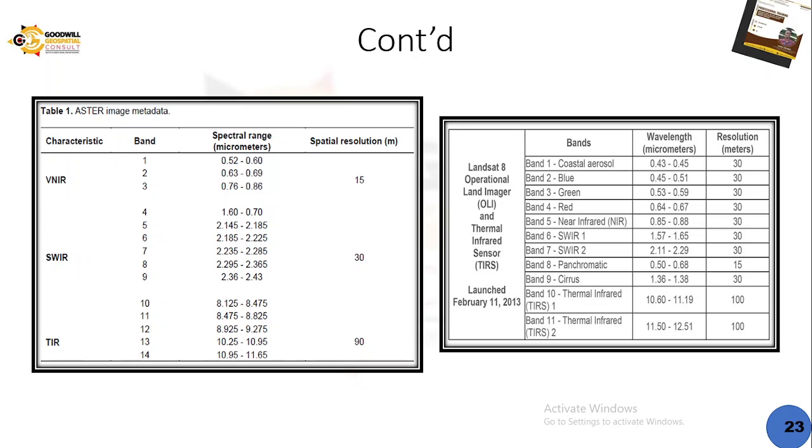For example, in the Landsat series, we can use the panchromatic band to enhance other bands like band 2, band 3, band 4, and band 5. Those that have what? Low spatial resolutions. We can use the high spatial resolution band to enhance them. We are going to talk about that in the next series of slides.